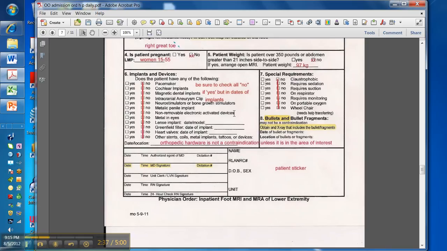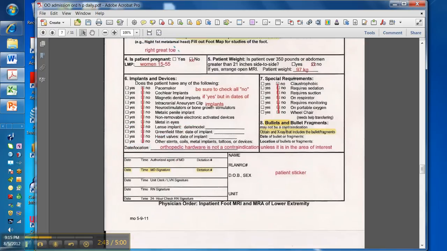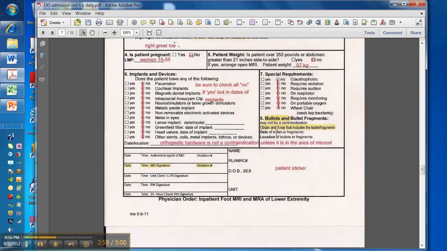If they do, put in the date of the implant. Orthopedic hardware is not necessarily a contraindication. Be sure to check off all these things as well. If the patients have bullets or bullet fragments, then you need to get an x-ray of the area where the bullet is. That way the radiologist can rest assured that it's not going to move in the scanner.